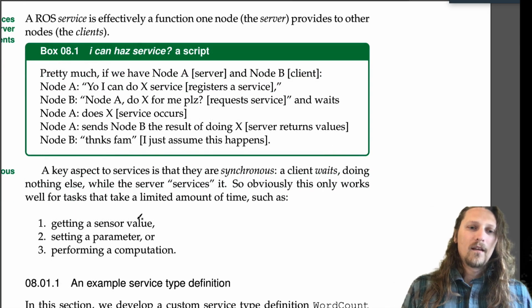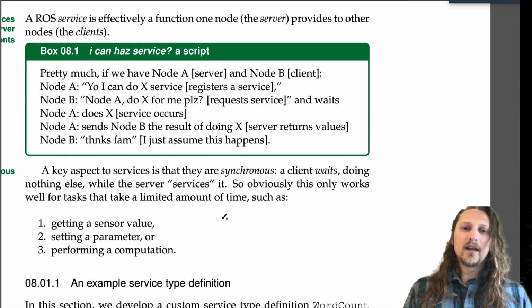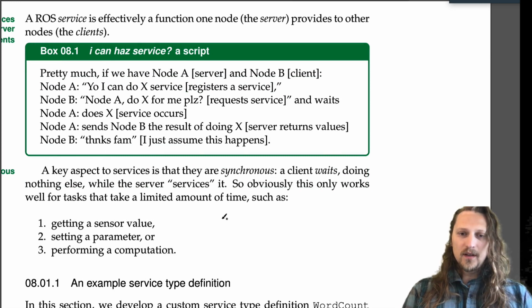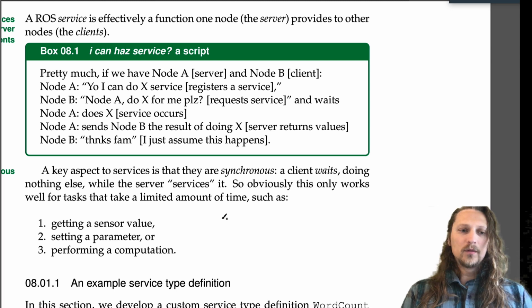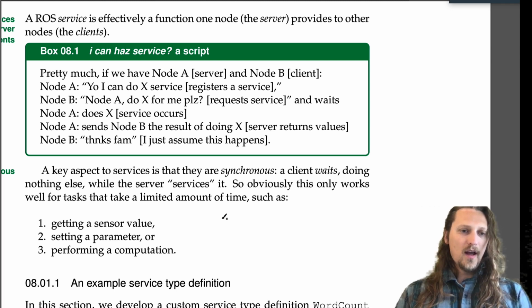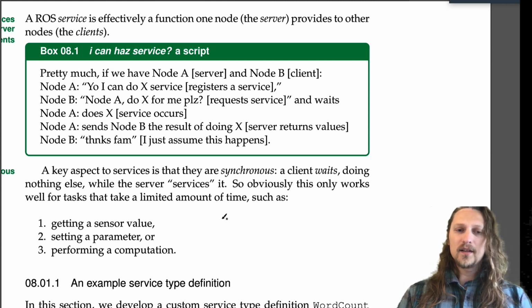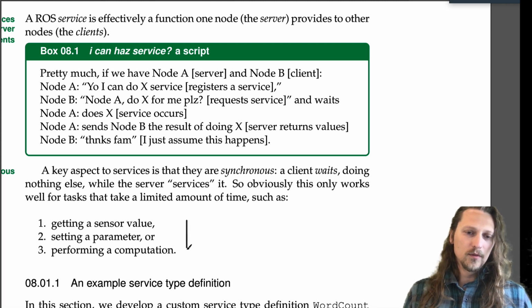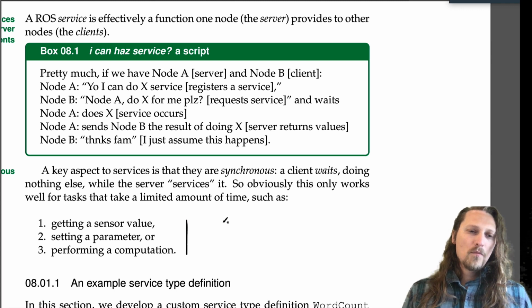Nothing else. The key aspect of services is that they are synchronous. A client waits, doing nothing else, while the server services it. So obviously, this only works well for tasks that take a limited amount of time, such as 1, getting a sensor value, 2, setting a parameter, or 3, performing a computation. So these are common things that we might do with a service.